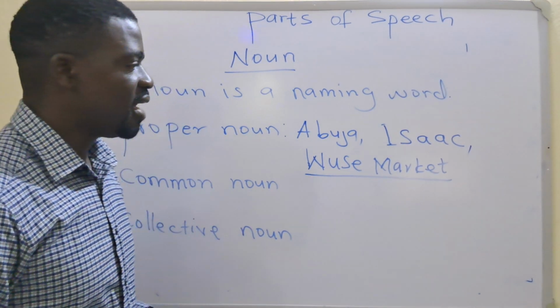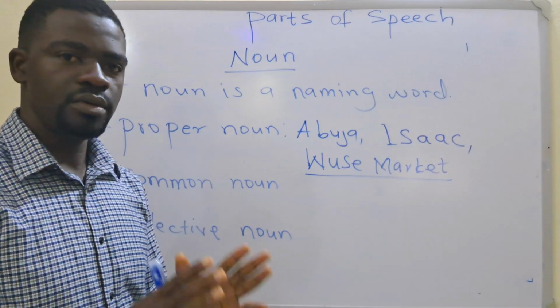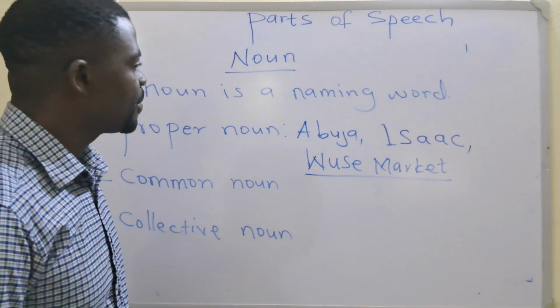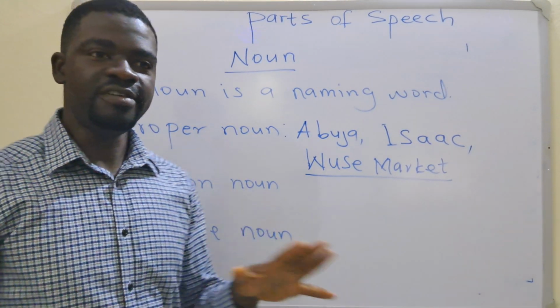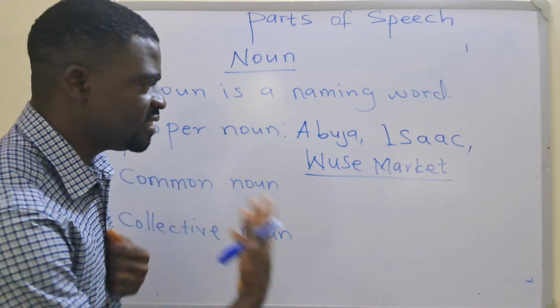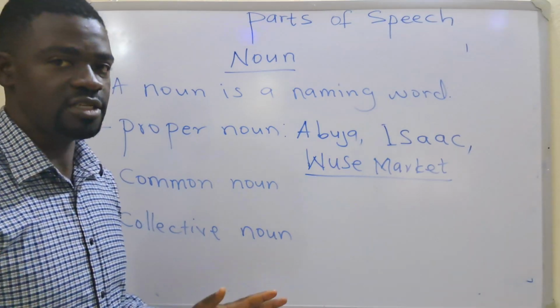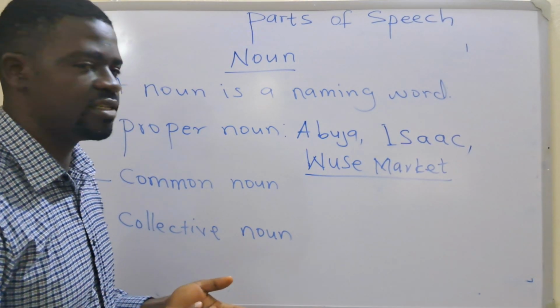Proper nouns are names given to particular places or people, individuals, and they must be written with the first letter capital wherever they appear. It could be in the middle of the sentence, at the end of the sentence, at the beginning of the sentence. It doesn't matter. It must be the first letter capital.